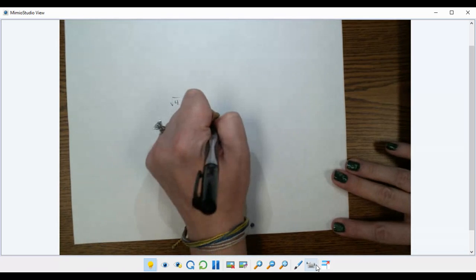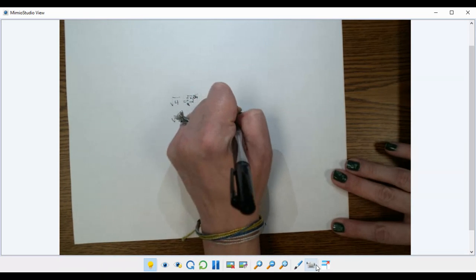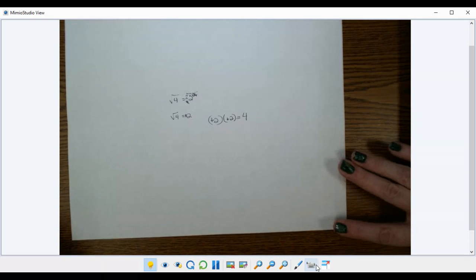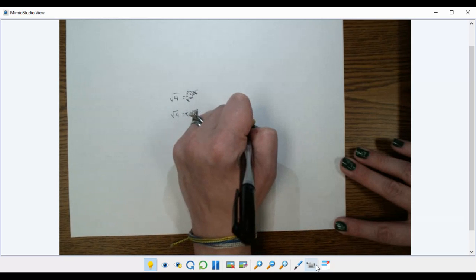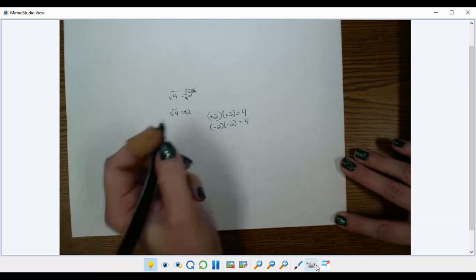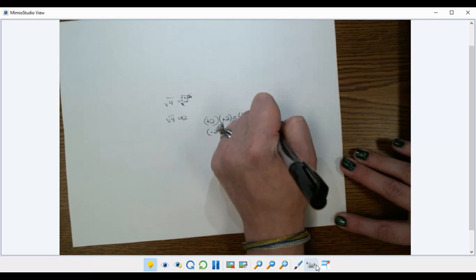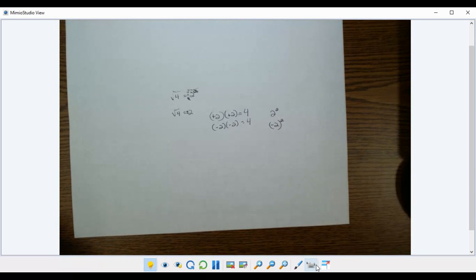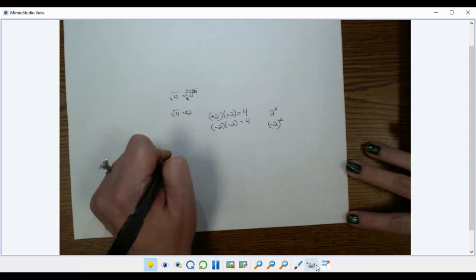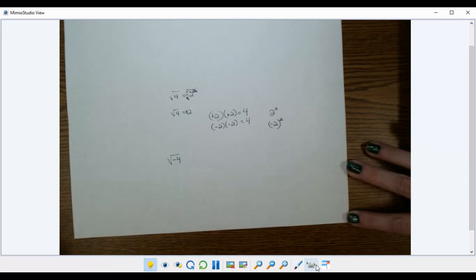You can have positive 2 times positive 2 to get 4, or I can have negative 2 times negative 2 to get positive 4. So I can have 2 squared, or I can have negative 2 squared, and they'll both give me 4. But what happens when I have a negative number underneath that radical sign?